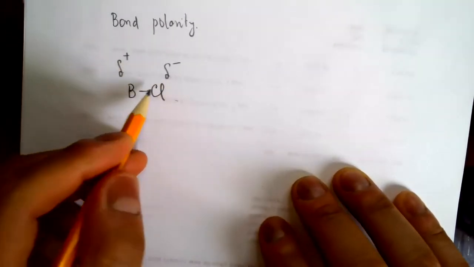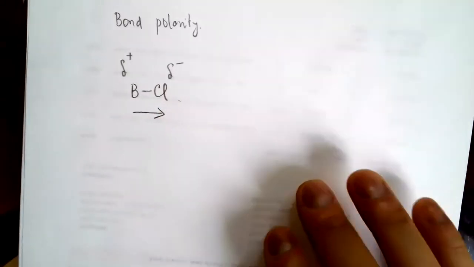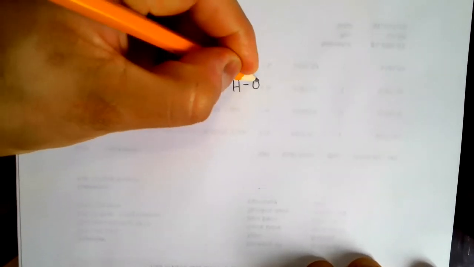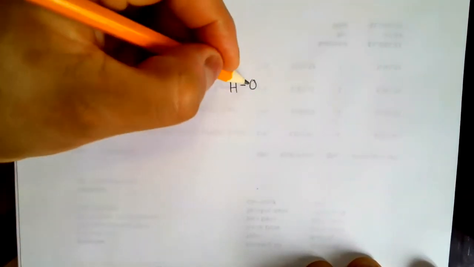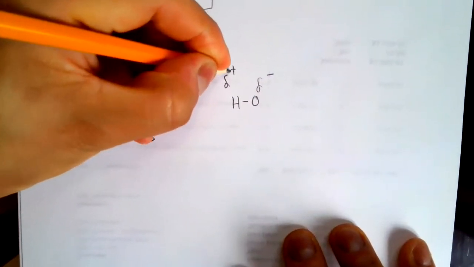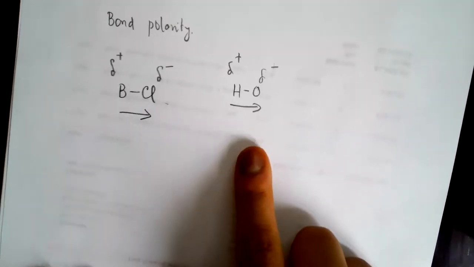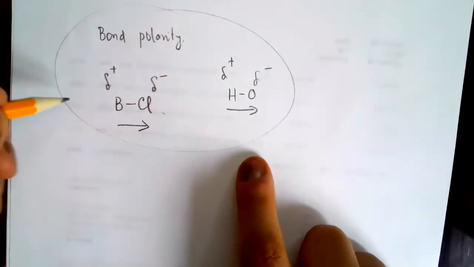So the net charge, or the electrical field, will go towards this side. So the dipole moment of this bond goes this way, always towards the delta minus. If I look at OH, in this case, oxygen is more electronegative than hydrogen, so it would be delta minus for oxygen and delta plus for hydrogen, and the dipole moment will be drawn like this. But this is only based on bond polarity.